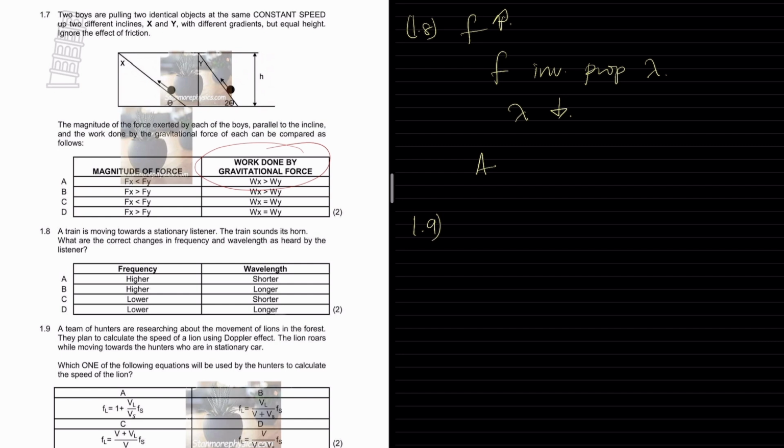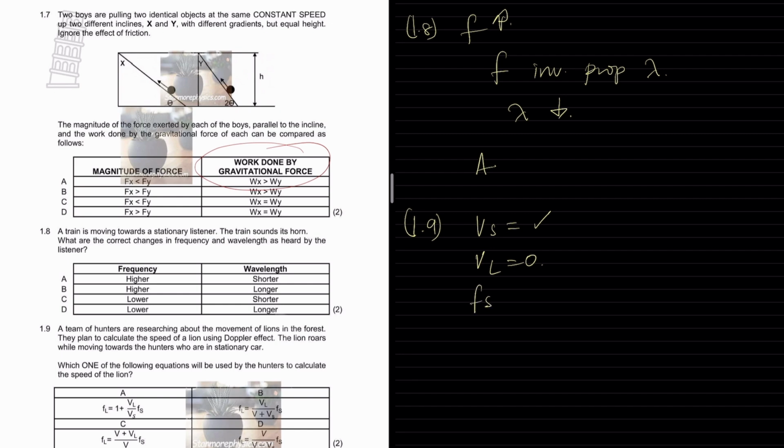Question 1.9. A team of hunters are researching about the movement of lions. They plan to calculate the speed of a lion using Doppler. The lion roars while moving towards the hunters who are stationary. So the velocity of the source is something, the velocity of the lion. The velocity of the listener is 0.